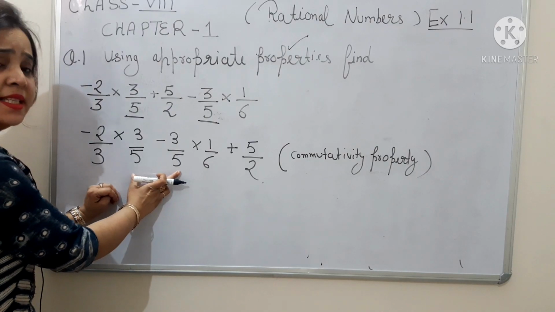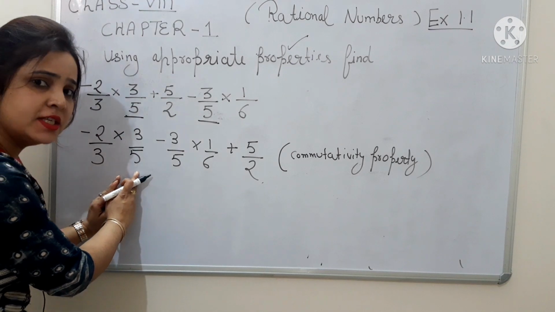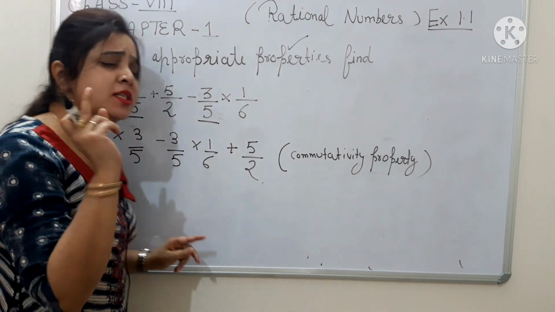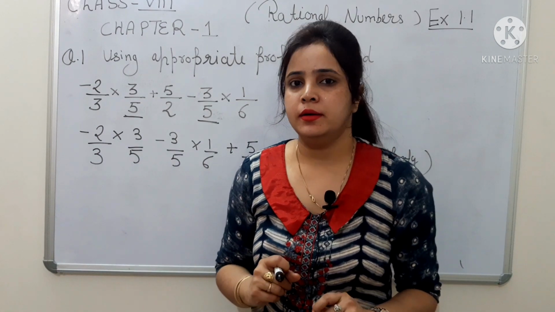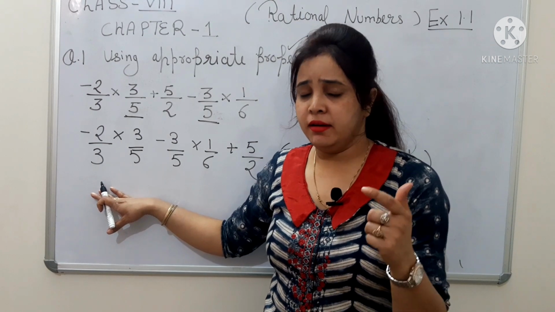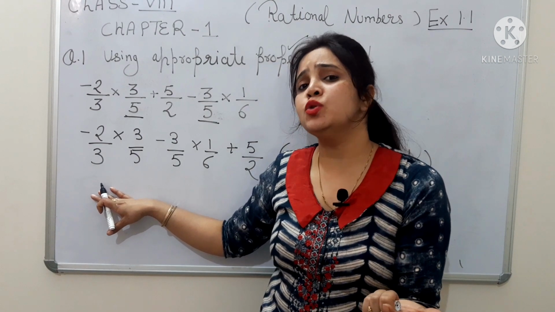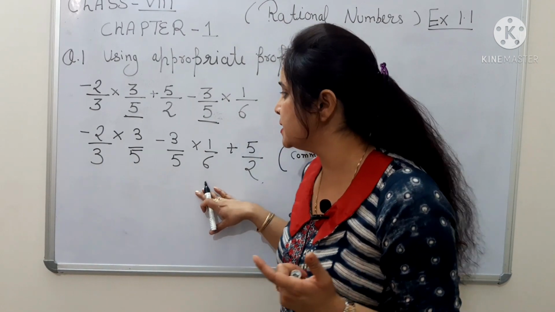Now you can see here that 3 by 5 and 3 by 5 is common. Now just think over it, which property of the rational numbers we can use here. Why did we use the commutative property here? Now we will be using the distributive property of the rational numbers to solve this step.